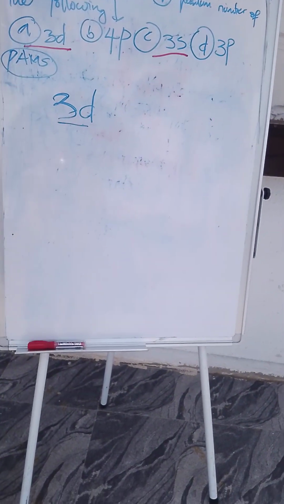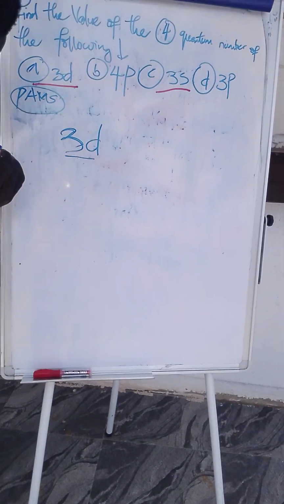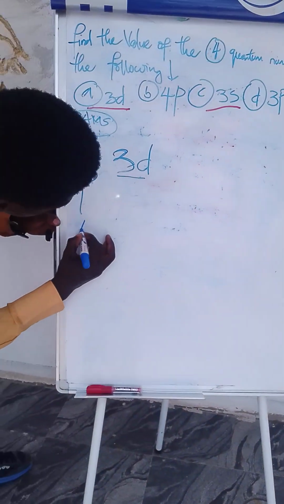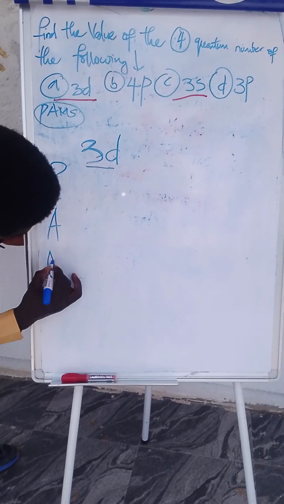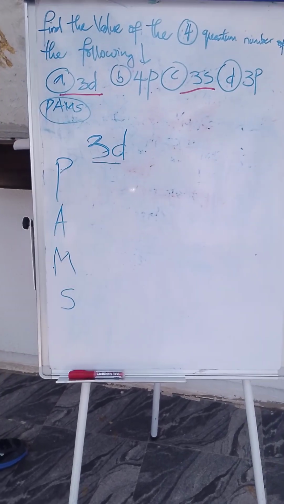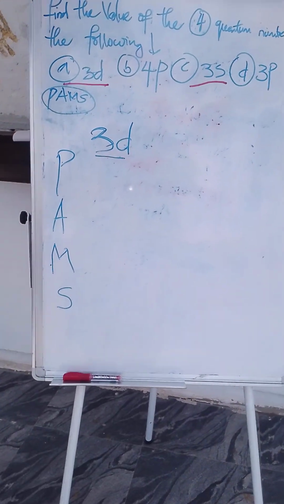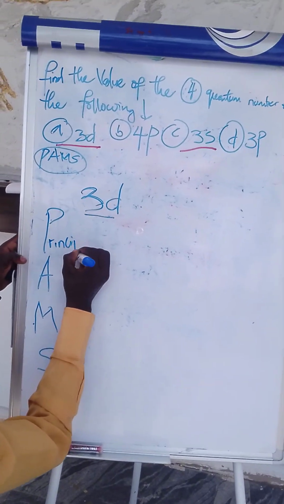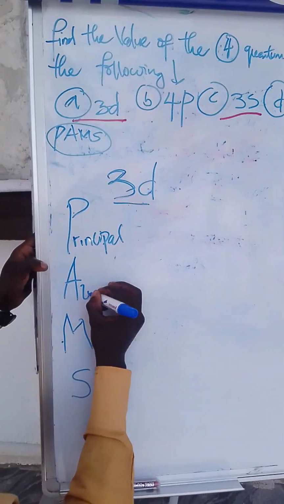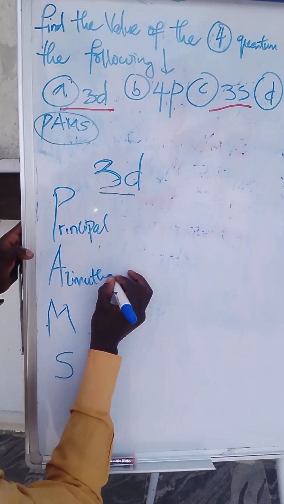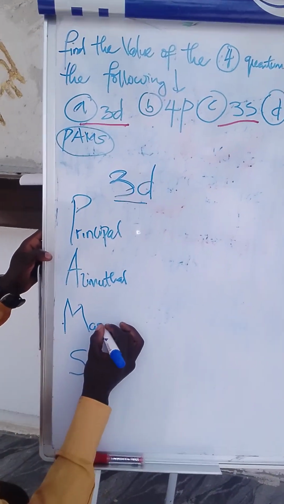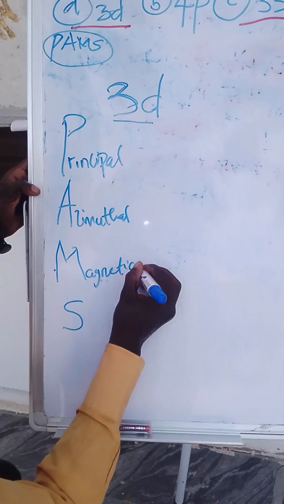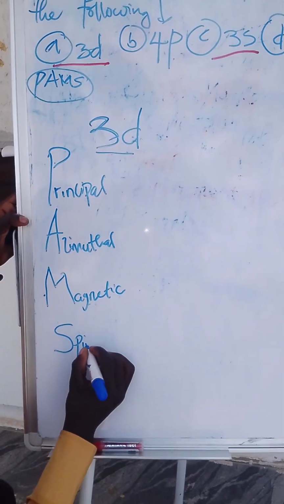So 3D now. We want to look for the 4 quantum numbers, 1, 2, 3, and 4. So these are the 4 quantum numbers that we are looking for for 3D. We are looking for our principal, our azimuthal, our magnetic and spin.